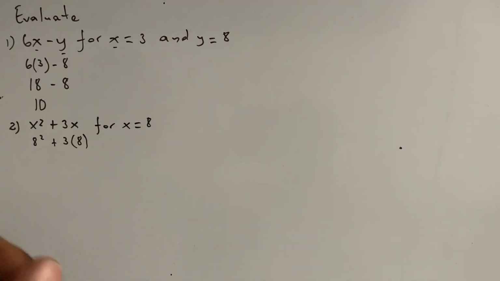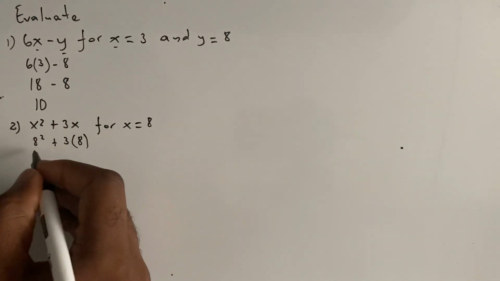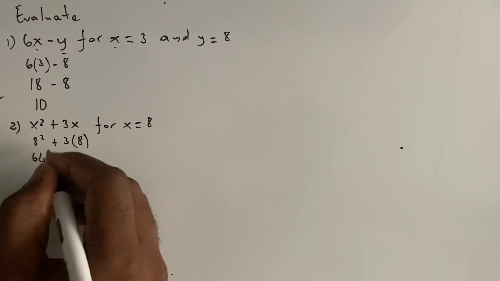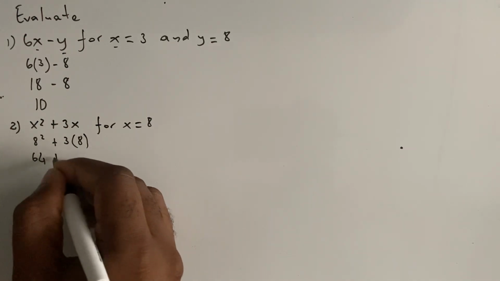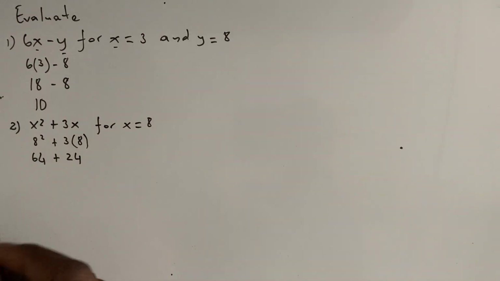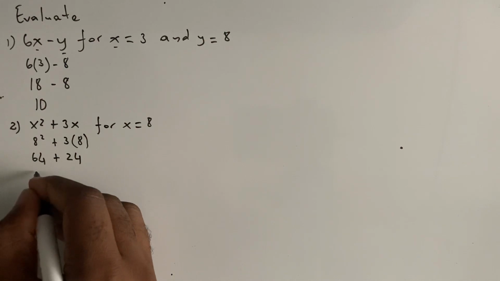Now we use order of operation. You can do parentheses, whichever side you want. You can start here: 8 squared will be 64, 8 times 8, plus 3 times 8, which is 24. When you add them together, 64 plus 24 is 88.